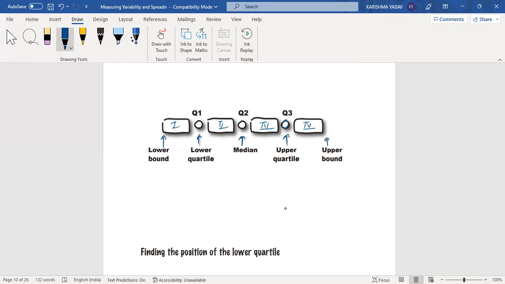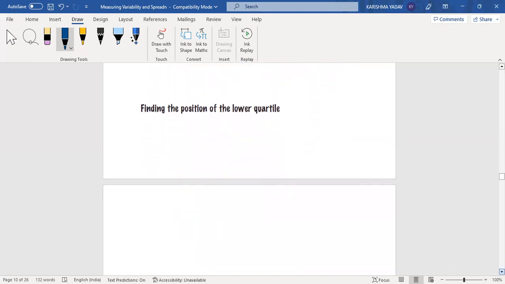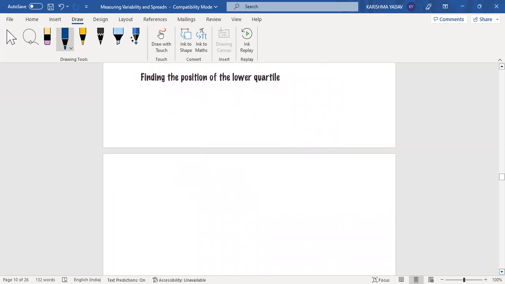Now we have to find the positions of these values, that is Q1, Q2 and Q3, that is, how the data are actually going to be split. So let's talk about how to find the position of the lower quartile. The first step is to calculate n divided by 4, whatever the number you have.